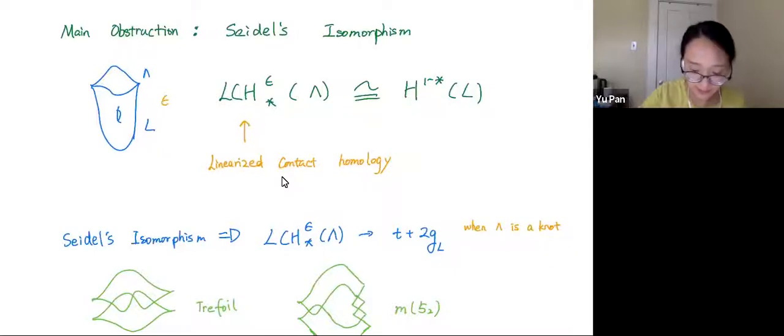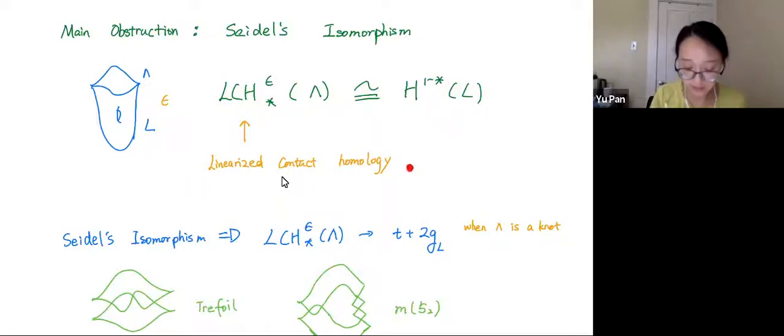What it's saying is that given an exact Lagrangian filling L of lambda, it will induce an augmentation epsilon. Then the linearized contact homology of lambda with the augmentation epsilon is isomorphic to the singular homology of L with some degree shift.